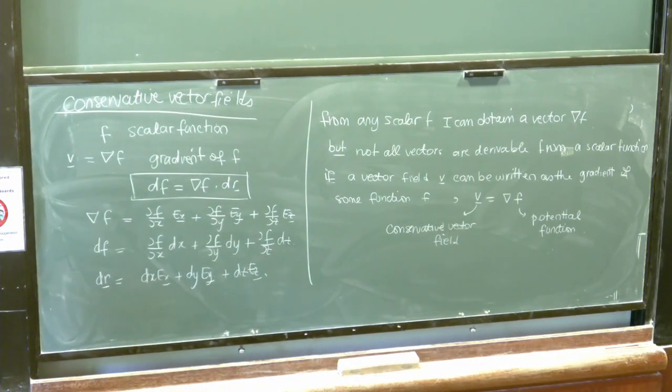And then there are three conditions, partial derivatives needing to be equal, for a vector field to be derivable from a potential. Any questions?